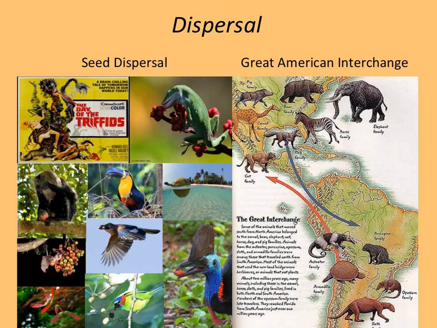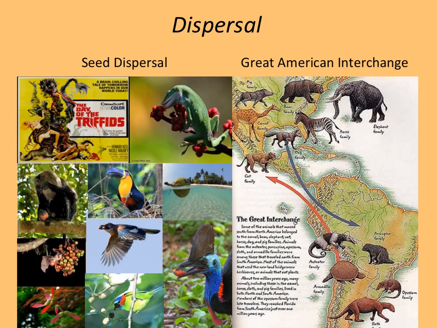Now, of course, you can also find taxa that are related to each other, but they're in separate places because they disperse. So, for example, seed dispersal. Seeds can be carried for hundreds or thousands of miles by different kinds of animals.